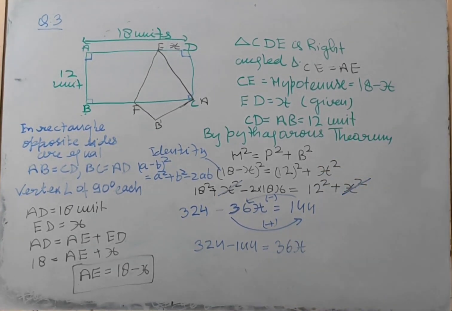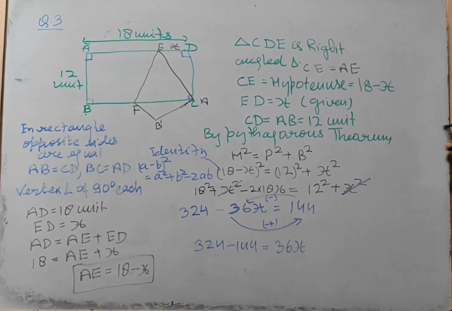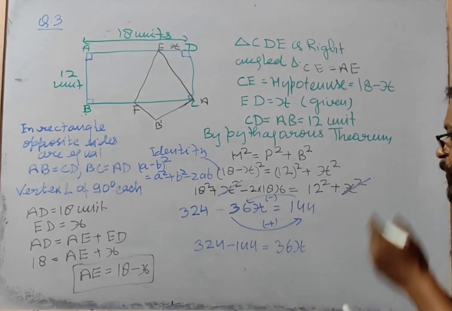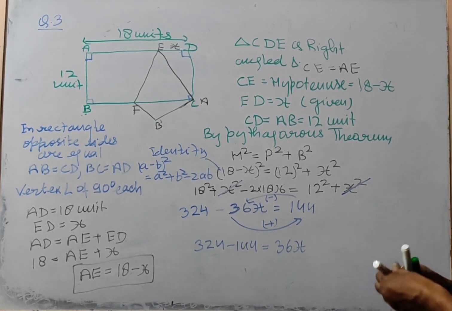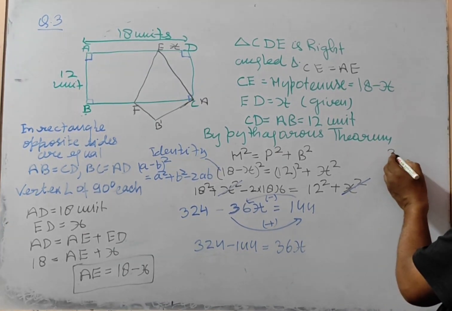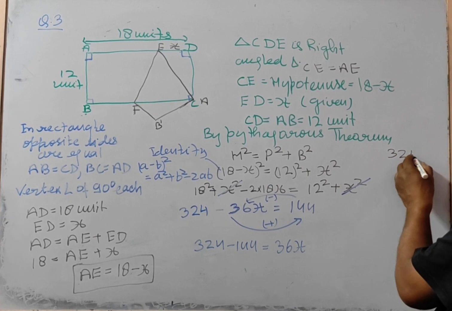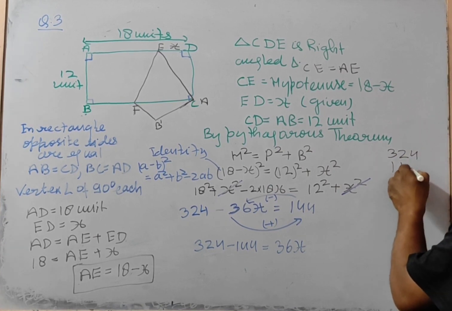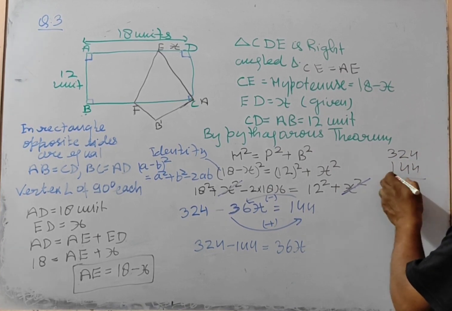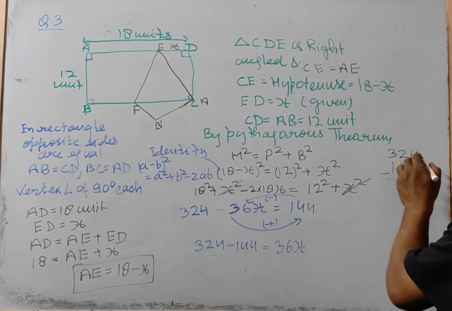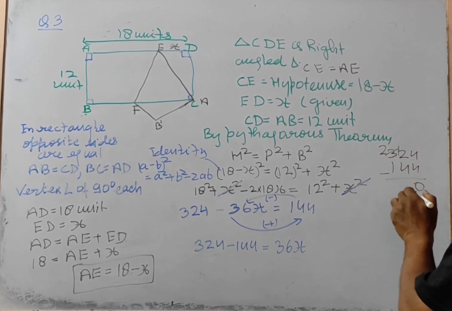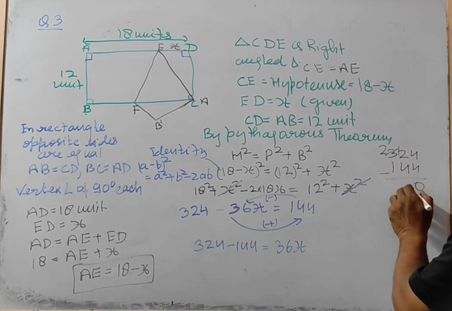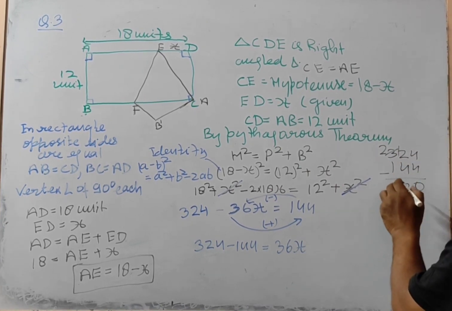Is it? Now we subtract 144 from 324. We get it this way, 4 from 14 is 10, and 1 from 2 is 1, it is 180.